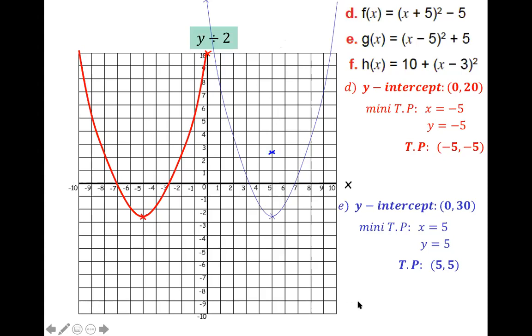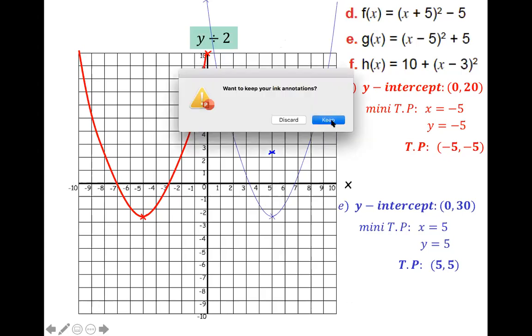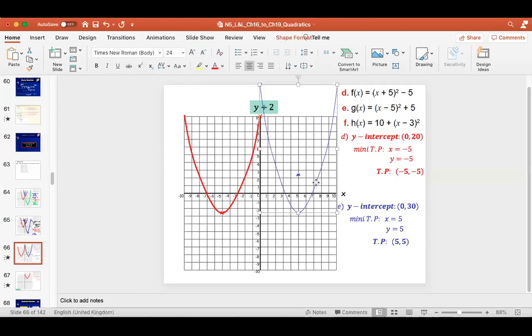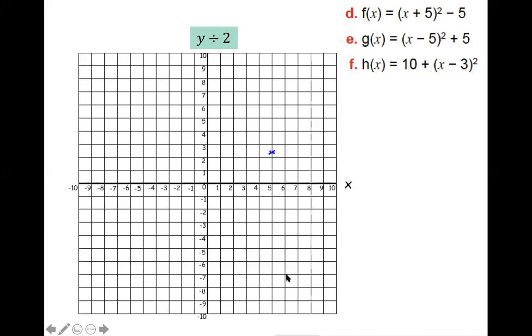So the graph, if I was to fix this, the graph would just move up. Right up to there. Okay. So I need to fix that.